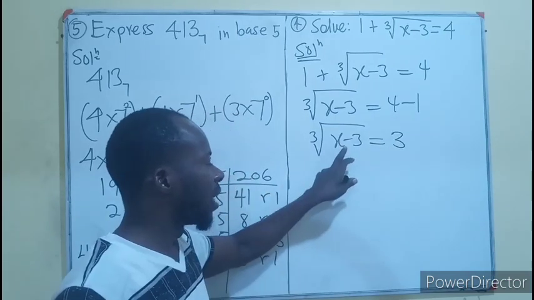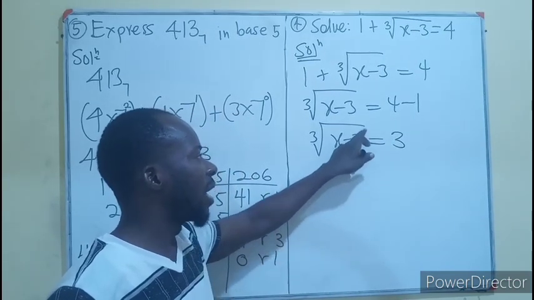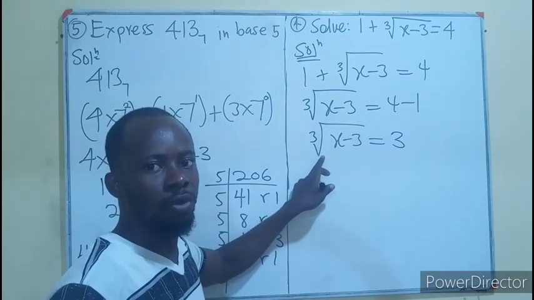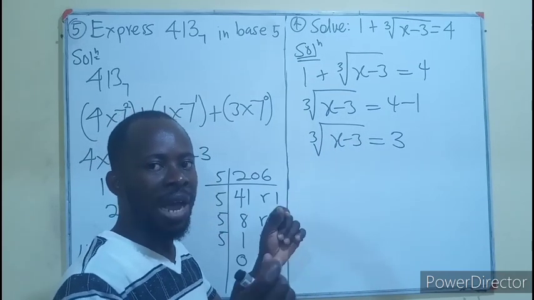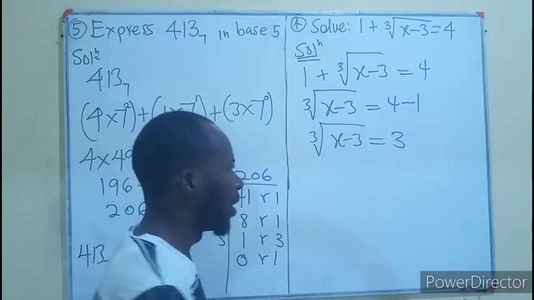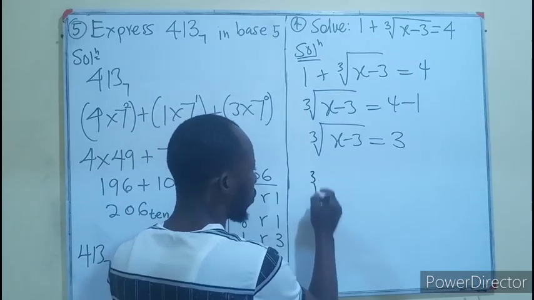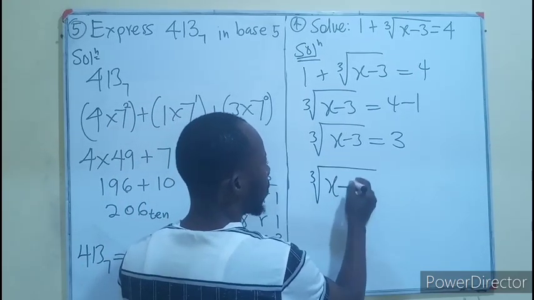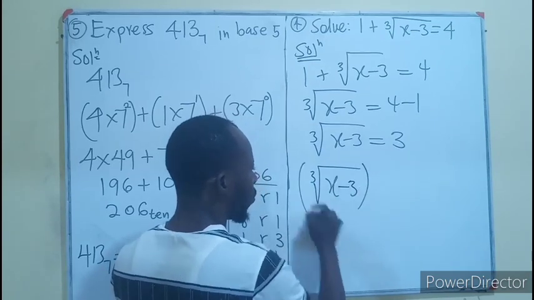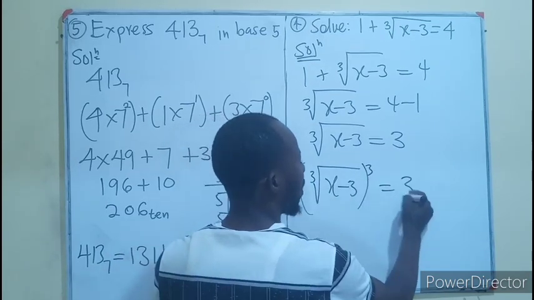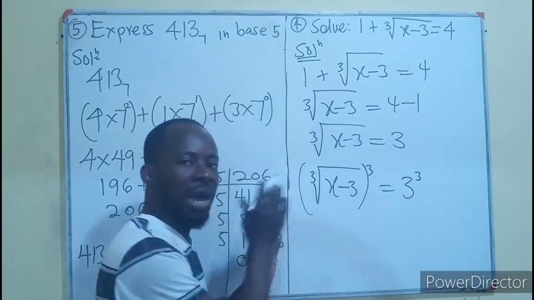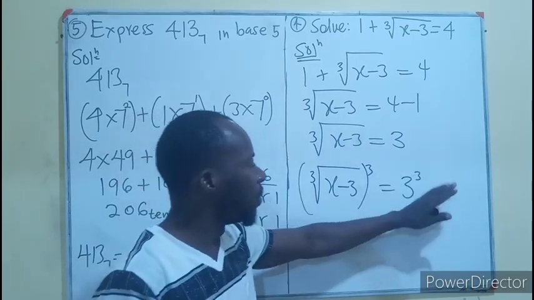We can see that these two terms are affected by the cube root. So we can find the cube of both sides. Meaning if I have the cube root of x minus 3 raised to the power 3 equals 3 exponent 3. What I've done to the left, we do the same to the right.